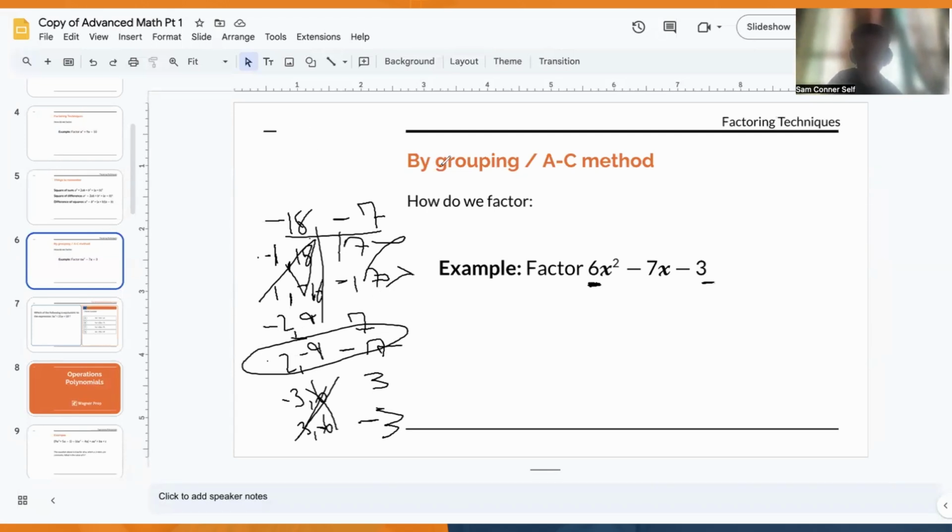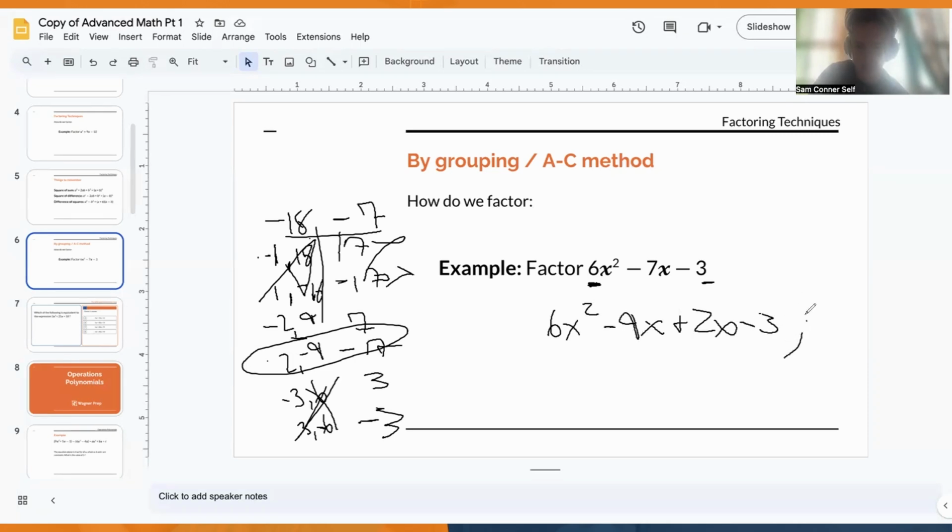So we can write these out as 6x squared minus 9x plus 2x minus 3.